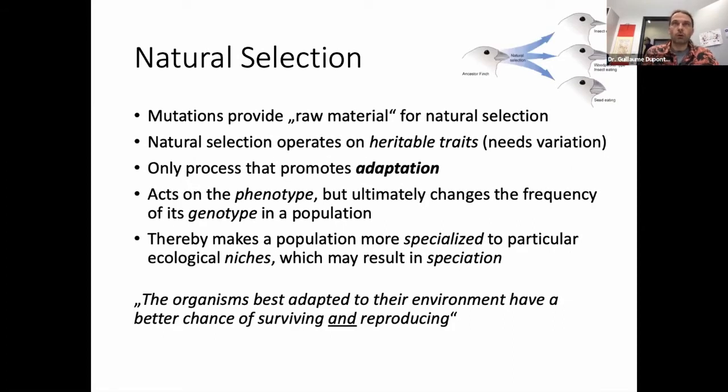So in order to allow natural selection to occur, we need the phenotypic differences. We've discussed these things last time. Mutations are providing the so-called raw material. So we need some differences, and they need to be heritable.